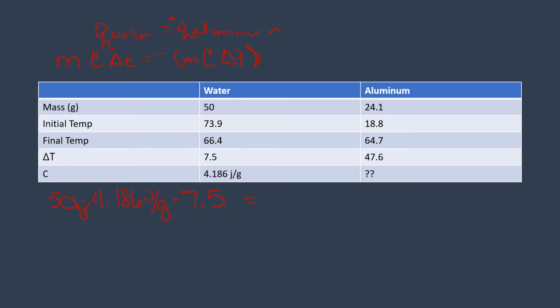And so that is equal to the mass of the aluminum, which was 24.1 grams, times our C, which is what we're looking for, times our delta T, which should have been, again, negative 47.6. But again, since the whole thing's negative, then those two negatives cancel out.